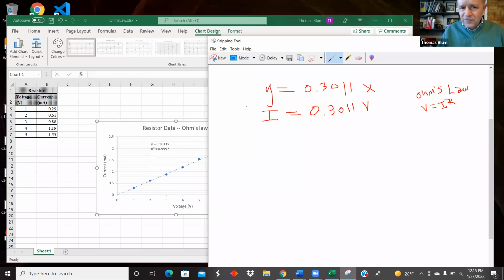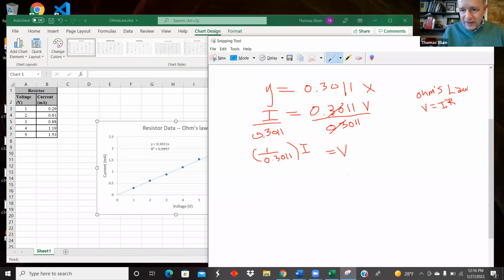So Excel gave us something solved for current, and the normal theory is solved for V. So let's solve what Excel gave us for V by dividing both sides by this 0.301. So that will cancel over here, and we'll have V equals, and I'm going to write it in this form, 1 divided by 0.3011 times I. That's the same as the line above.